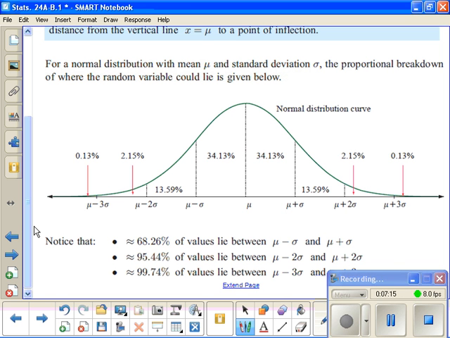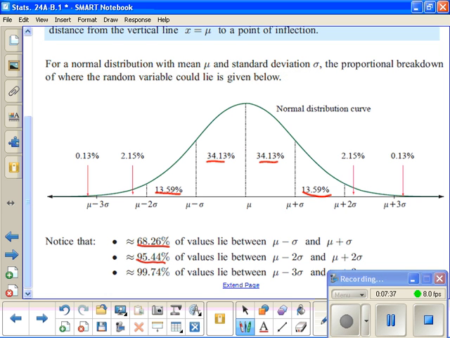We broke it down last year as just whole percentages. Now we take it a little bit further. 68.26% of the data lies within 1 standard deviation, so each of these is 34.13%. 13.59% falls in this second category, plus or minus. So in total, that's 95.44% of the data.